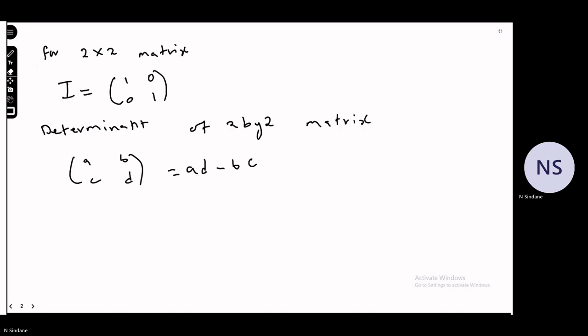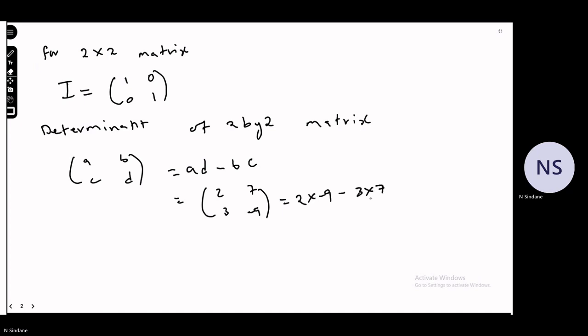For example, let's say you're given a simple question. They want you to identify the determinant. Say you're given 2, 3, 7, negative 9. They want you to determine the determinant of this matrix. So you're just going to say 2 multiplied by negative 9 minus 3 multiplied by 7.